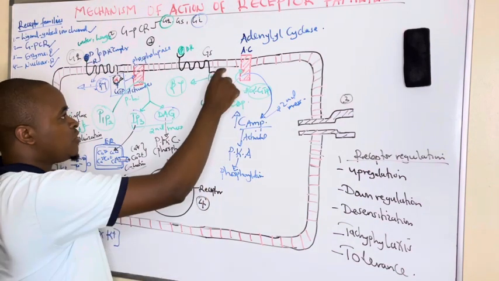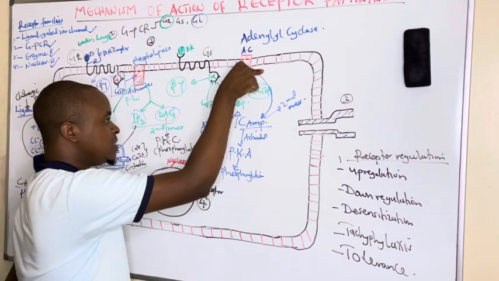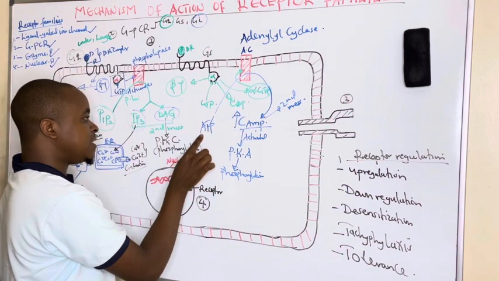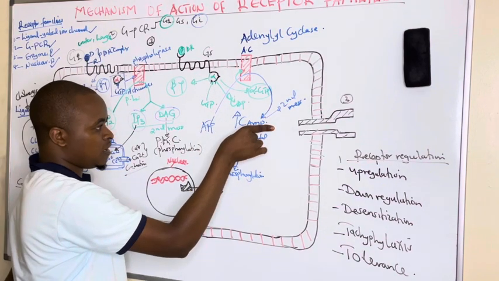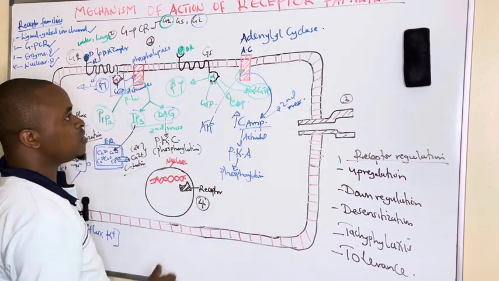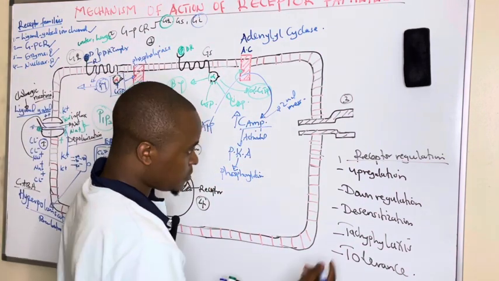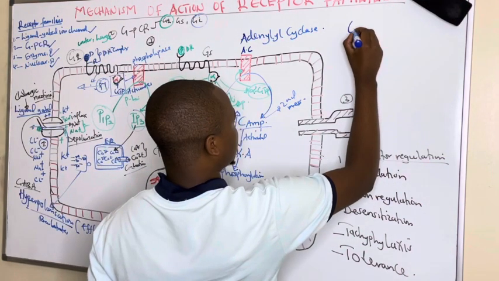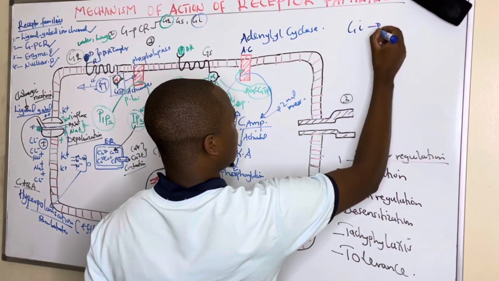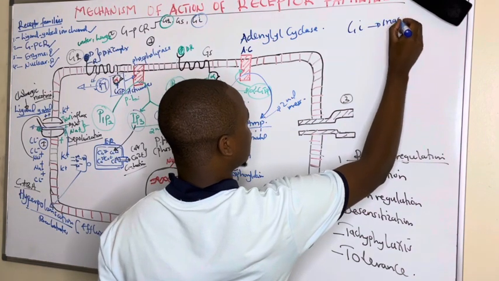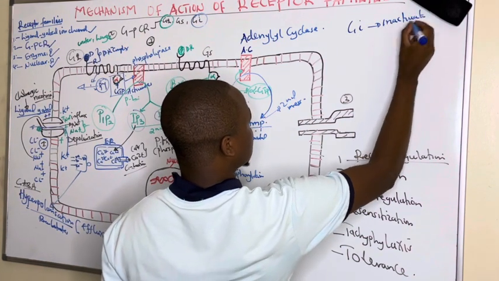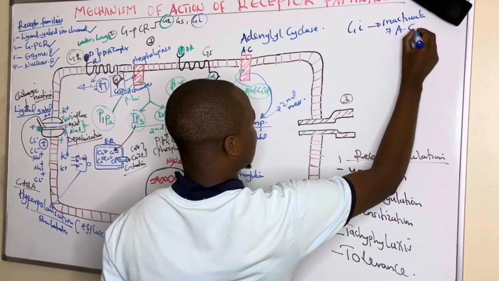And once the adenyl cyclase enzyme is not activated, there is no way we can hydrolyze ATP to cyclic AMP. So the end result of the G inhibitory receptor is inactivation of adenyl cyclase.